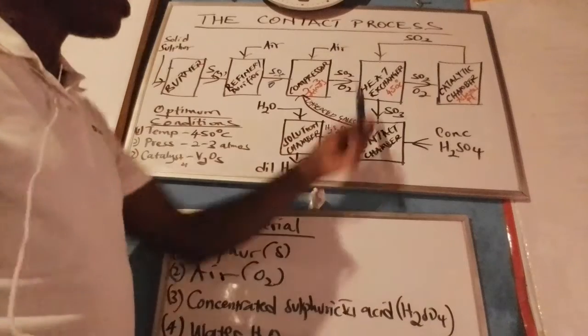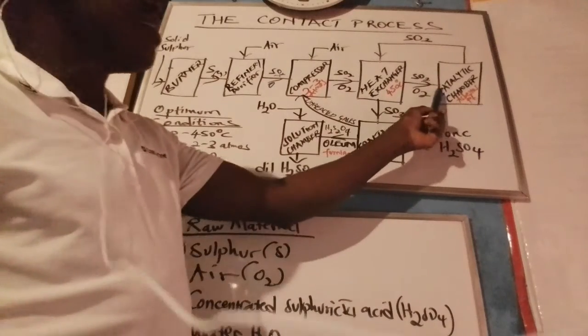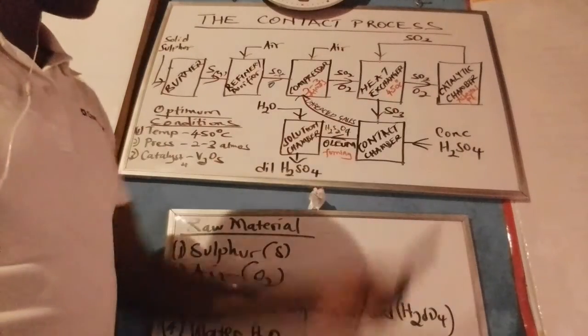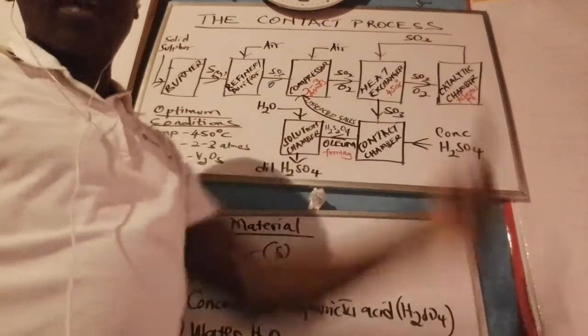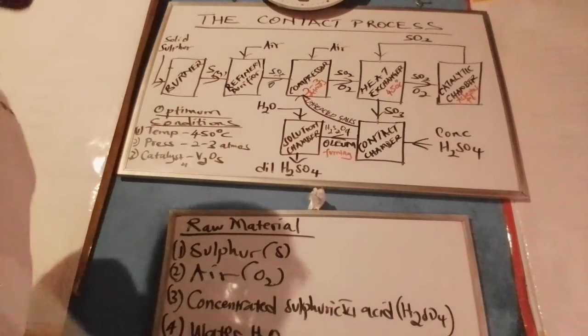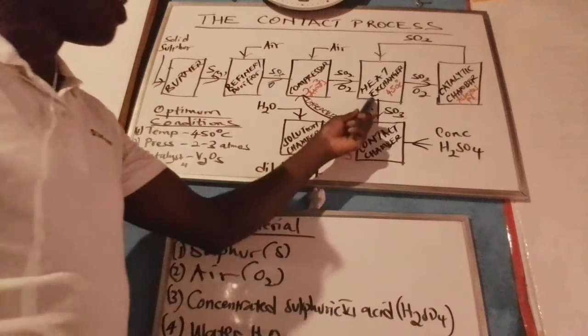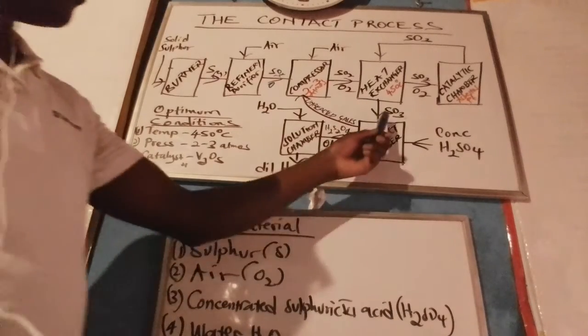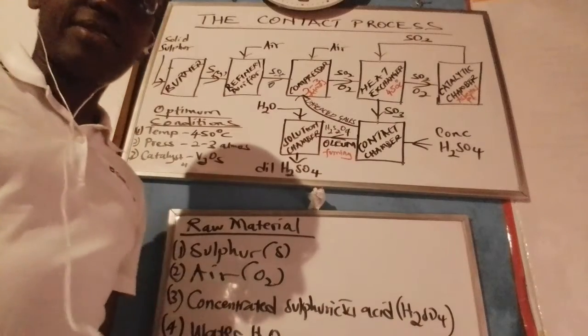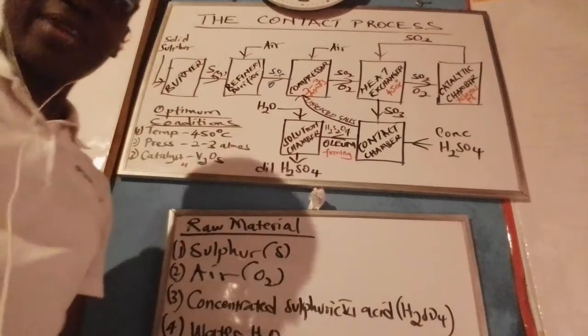Now, as we heat and catalyze, the reaction between sulfur dioxide and oxygen produces exclusively what is known as sulfur trioxide. Now, the gas is again passed through the heat exchanger just to check its stability, that indeed it is unchangeable as sulfur trioxide gas. Remember, some gases remain unreacted.